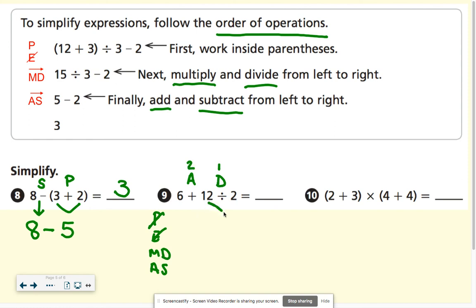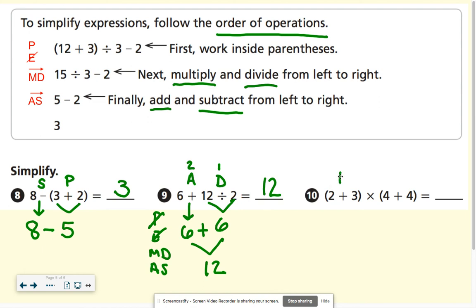So the two numbers touching the division sign are 12 and 2. So 12 divided by 2 is 6. I write it right underneath. The 6 plus that showed up before it still needs to show up before it. And now I only have one symbol left, addition. 6 plus 6 is 12. So my answer is 12.